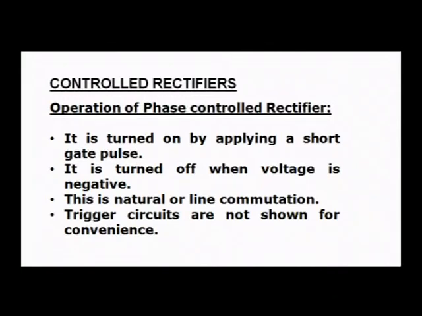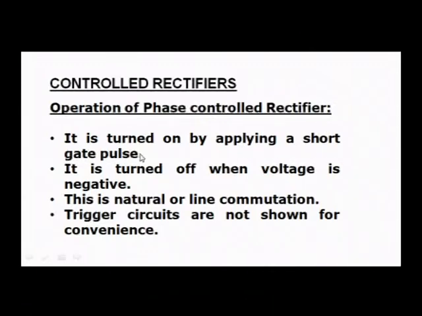Now, let us move on to the operation of a phase controlled rectifier. So, a phase controlled rectifier is definitely going to make use of a thyristor, and it is going to make use of the most common method of gate triggering. So, over here I have written that it is turned on by applying a short gate pulse.